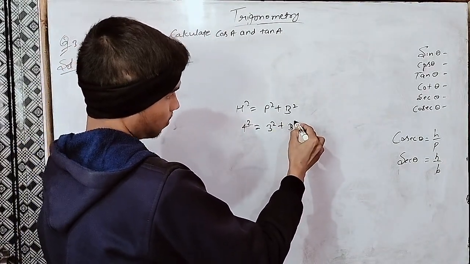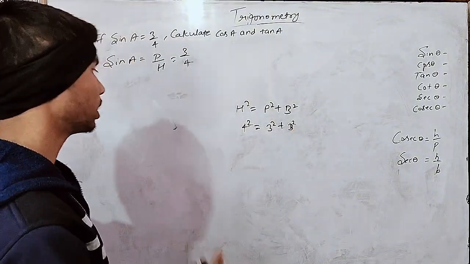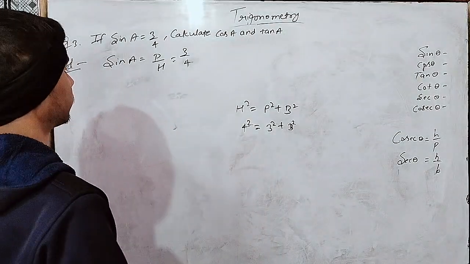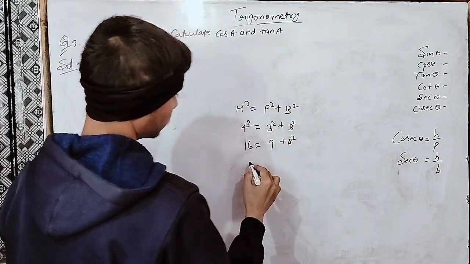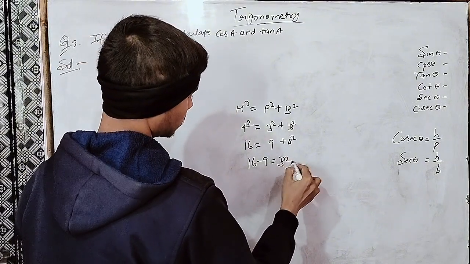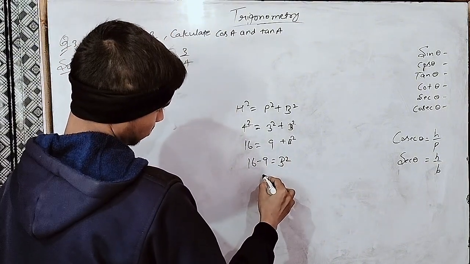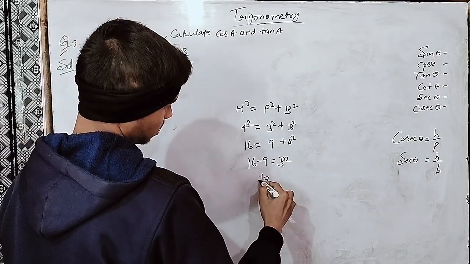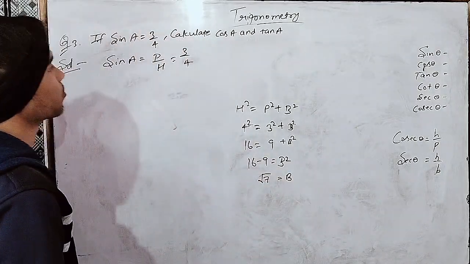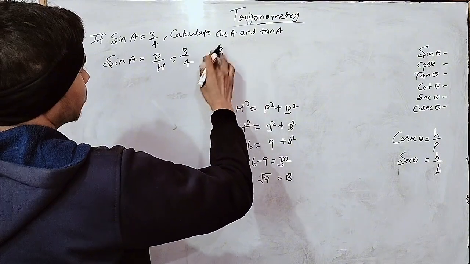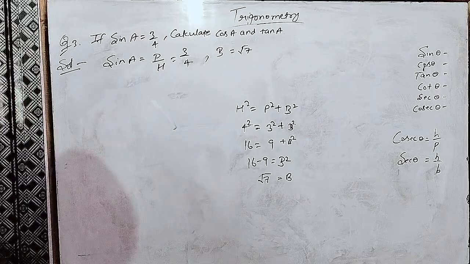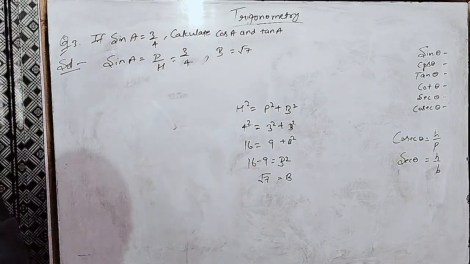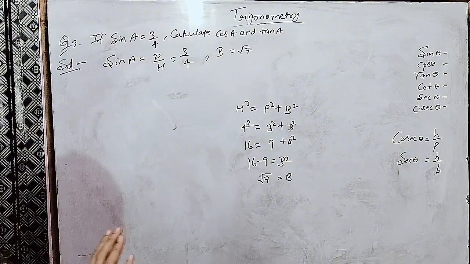That's why we are solving it first. 4 fours are 16. 3 threes are 9. 16 minus 9, we have 7. Am I right? We have B. B is root 7. Now we are able to solve cos A and tan A.